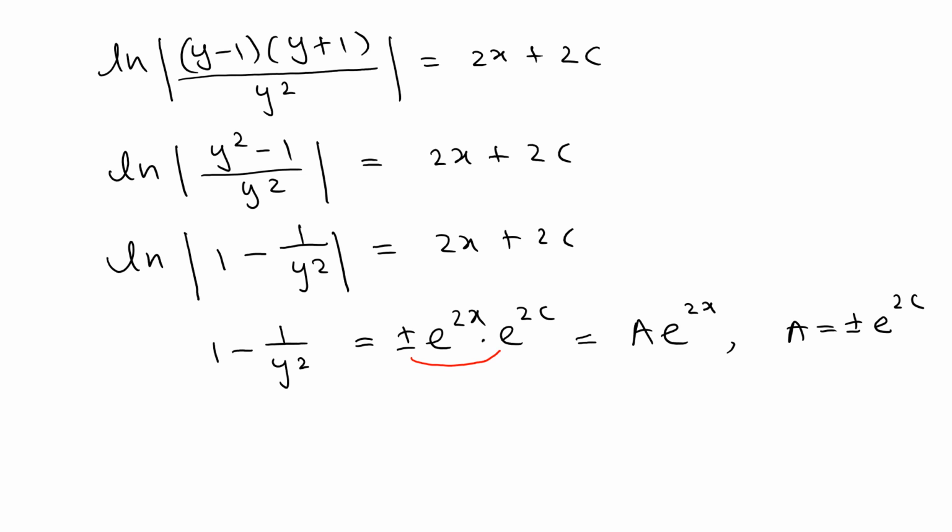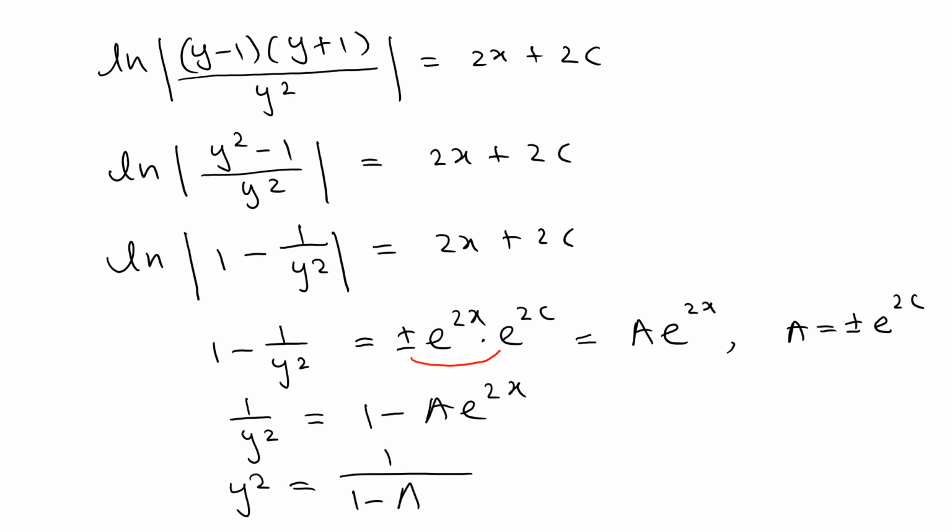So we can write 1 over y squared equals, moving the a term to this side and y to the other side, 1 minus a e to the 2x, and then you can flip it over. When you flip it over, you get y squared equals 1 over 1 minus a e to the 2x.